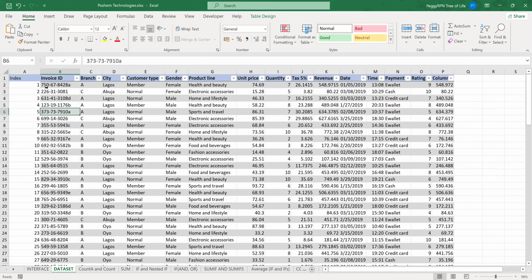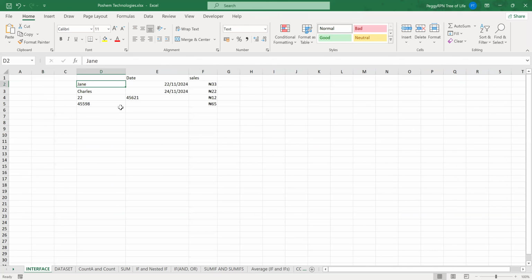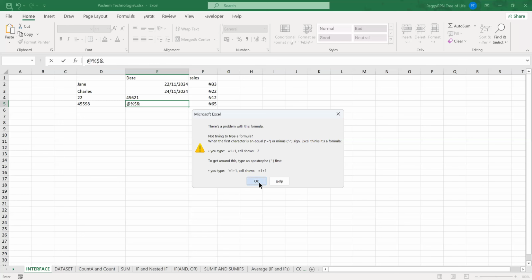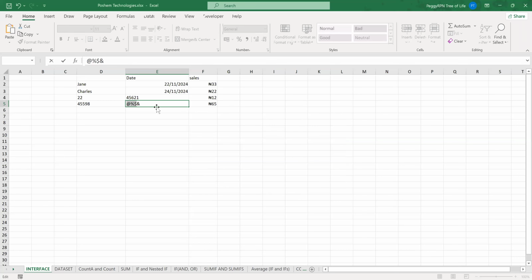It even has some text. Hyphen is also text. A is also text, definitely. Now, when you have special characters like star, percentage, dollar, and so on, that cannot work as numbers because they're all special characters.